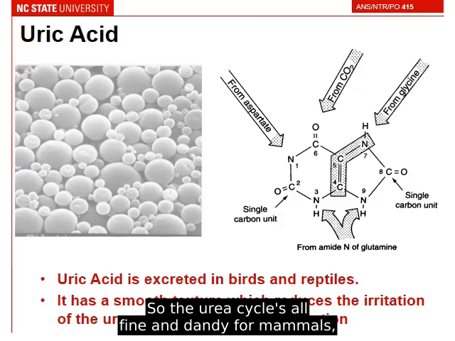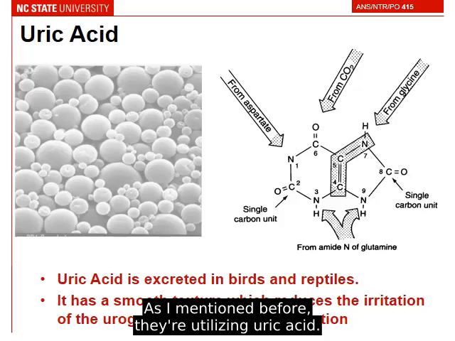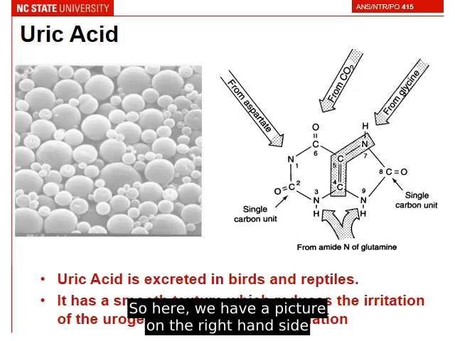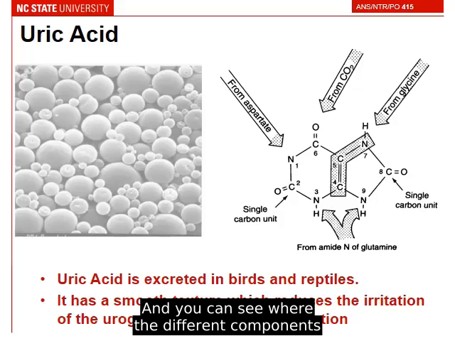So the urea cycle is all fine and dandy for mammals, but what about our avians and reptiles? As I mentioned before, they're utilizing uric acid. Here we have a picture on the right-hand side of the structure of uric acid, and you can see where the different components are coming from.